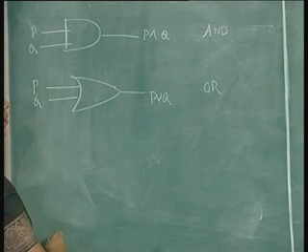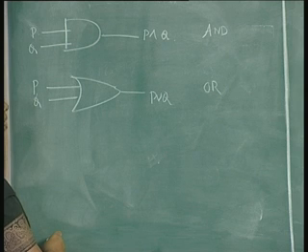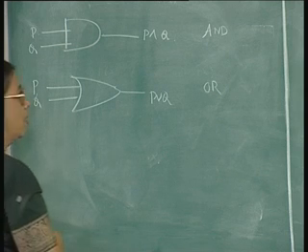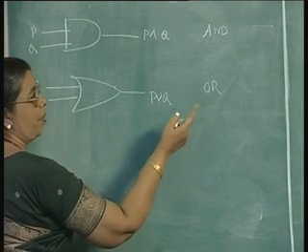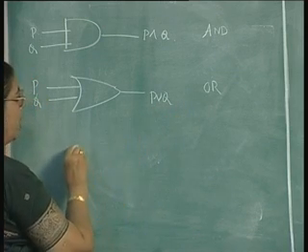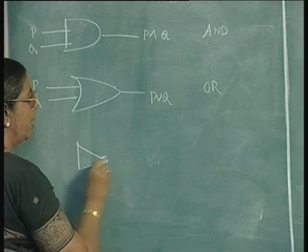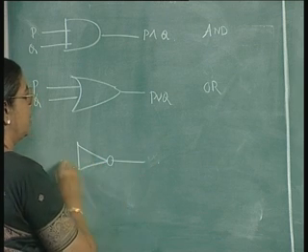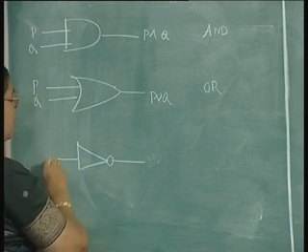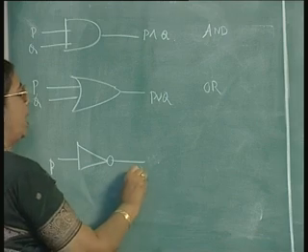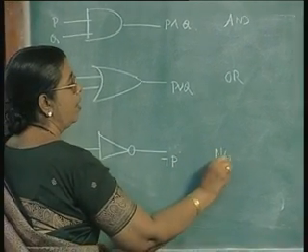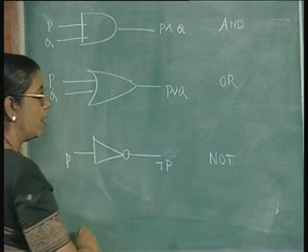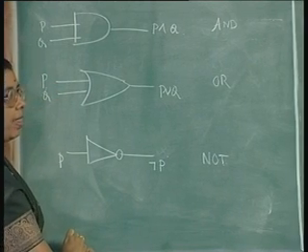When one of or both of P and Q are 1, it will be 1. It represents the OR connective in the propositional logic. The NOT gate in switching circuits is represented by this. There is only one input and the output represents NOT P, and this is called the NOT gate.